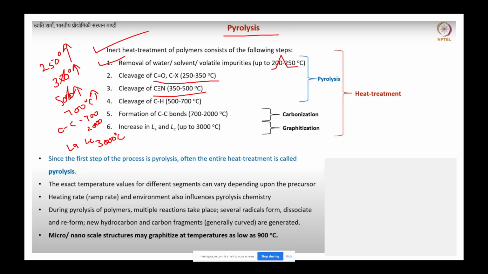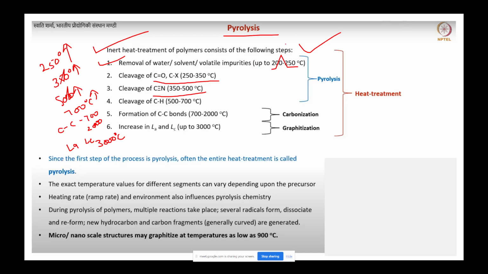Okay, so these are the inert heat treatment of polymer steps. It comprises a total of 6 steps. The removal of water or any volatile impurities, then C-O, C-N and C-H bonds, and then the formation of the C-C bond till 2000, and at very high temperature the La and Lc will increase up to 3000 degrees.